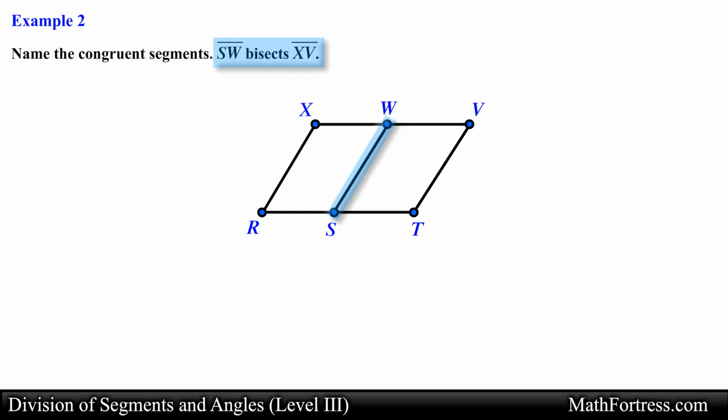Since segment SW bisects segment XV, we know that segment XV will be split into two congruent segments. We can illustrate this in the diagram by drawing a single tick mark for segment XW and segment WV. In this case, segment XW is congruent to segment WV. And this is our final answer.